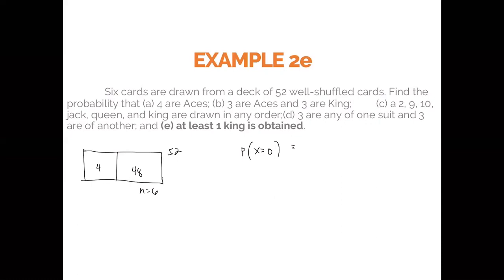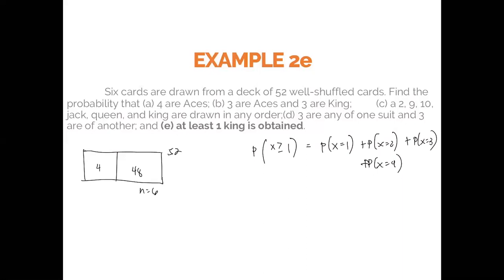So again, kung halimbawa, consider natin kung at least one king, pwede tayong kumuha ng x is equals to 1. Okay? So, P natin dapat is x greater than or equal to 1. Okay? So, ibig sabihin yan, P(x=1), P(x=2), P(x=3), tapos P(x=4).